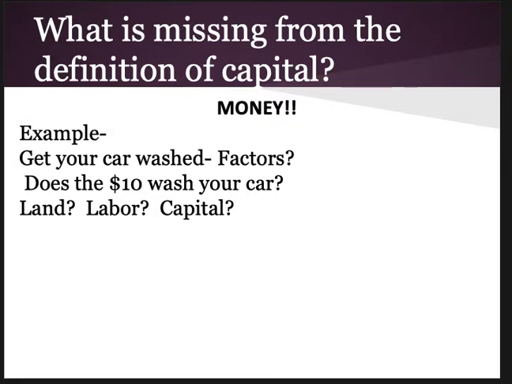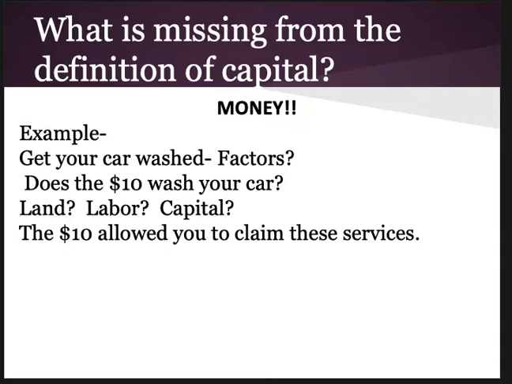The labor is the people that maybe dry your car or the attendant who takes your cash, or the people that work on the capital, which is the tools, machinery and equipment used to help scrape off and clean your car. But the $10 allowed you to claim those three services. However, the $10 specifically did not wash your car. It just allowed you to use those resources.